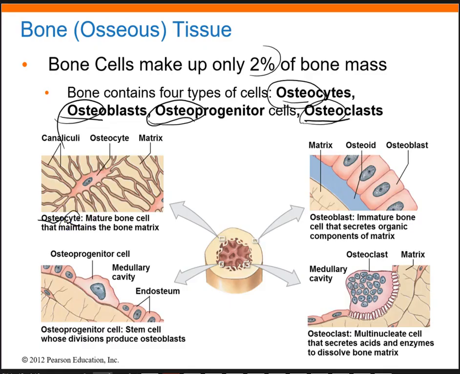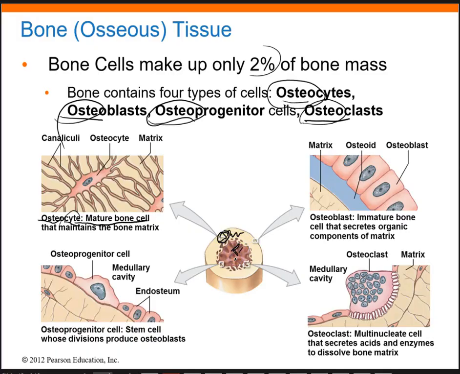Osteocytes are the most common type of cell that we have in our bones, and these are mature bone cells. Osteocytes are always found in the center of bone tissue. So like in here, right, you see it's completely surrounded by bone matrix, in the middle of one of these rods of bone tissue.